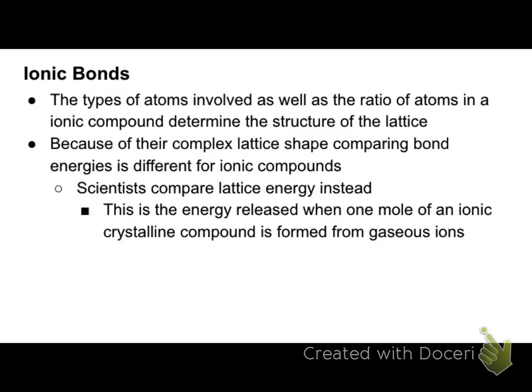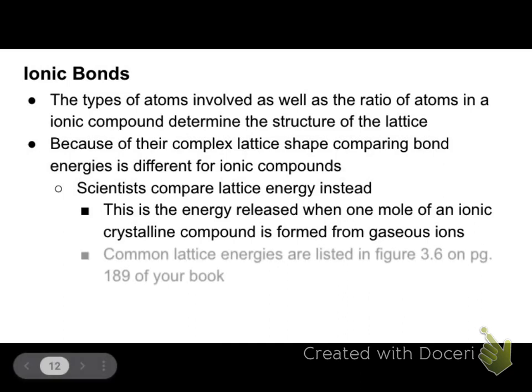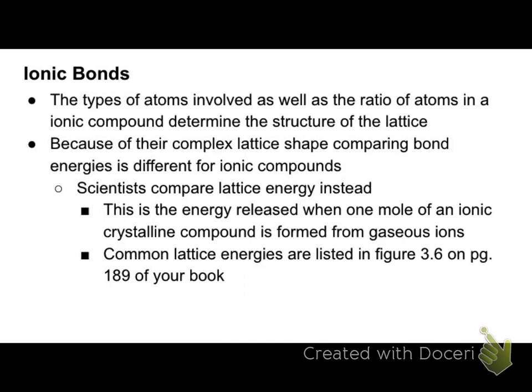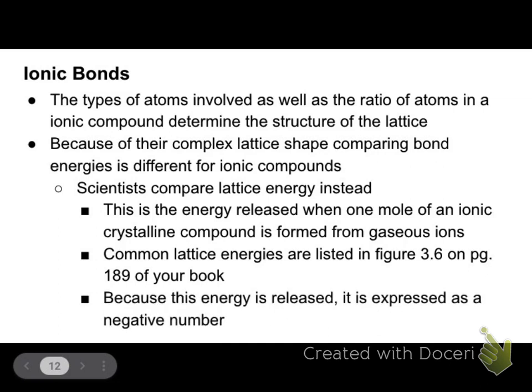And that is what they say is the lattice energy of an ionic compound. So this is the equivalent of a bond energy for a covalent compound. And just like covalent compounds have different bond energies, different ionic compounds have different lattice energies. If you'd like to see some common lattice energies, they're listed in your textbook on page 189, figure 3.6. Just take note that those energies are listed as negative numbers because this energy is being released.